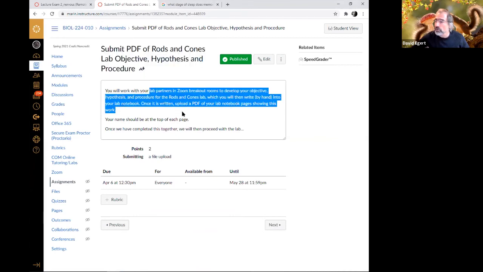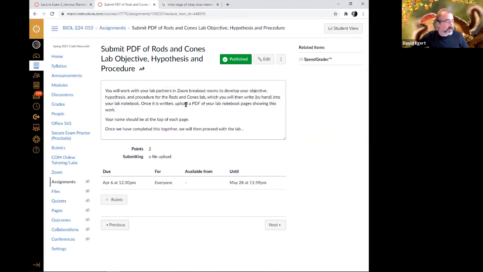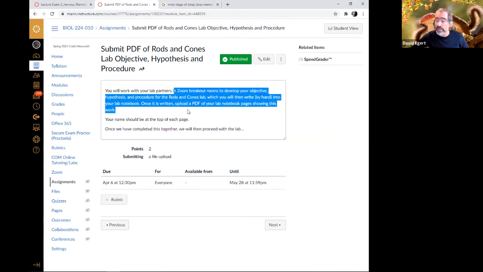You will work with your lab partners in Zoom breakout rooms, and over the next 25 minutes you're going to write out in your lab notebook the objective and the hypothesis. In this case, you're also going to have to write the procedure, because that's something we've all worked on together here.